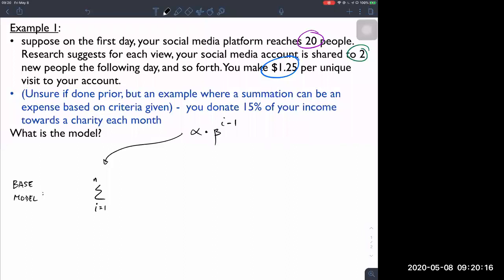If you don't know how to write the summation immediately, that's okay. Then my follow-up question is, if you look at alpha times beta raised to the i minus 1, which of those three numbers, 20, 2, and $1.25, or purple, green, and light blue, correspond with the alpha and beta?